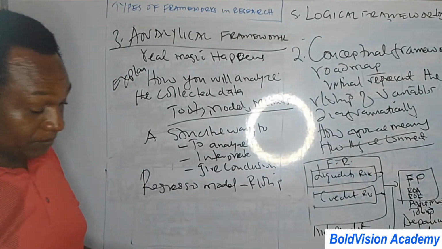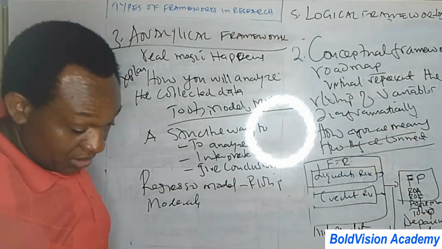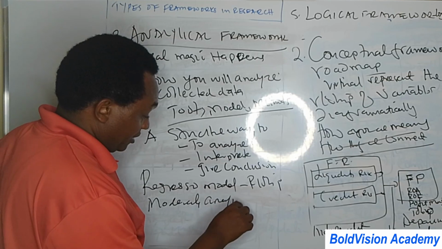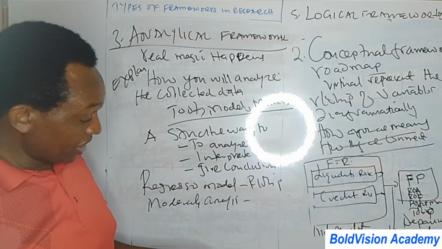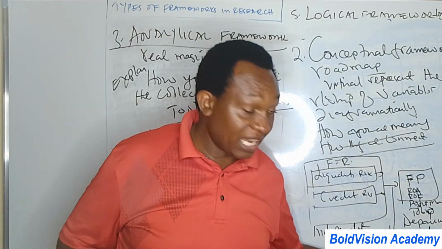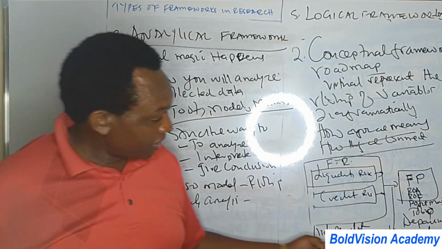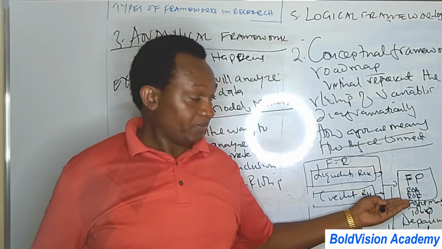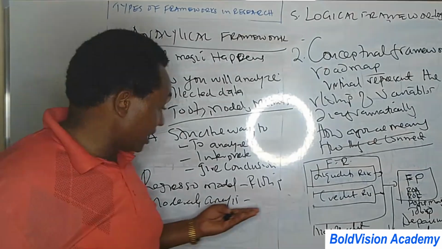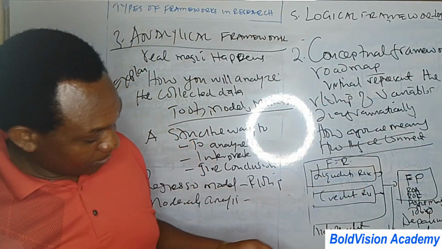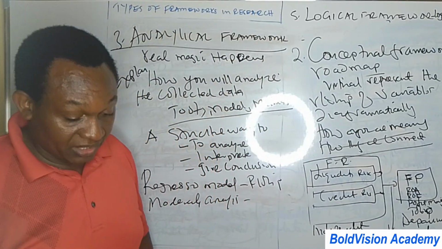You can also do a moderation analysis, which will help us check the effect of firm size in this relationship, to see how firm size moderates that relationship.